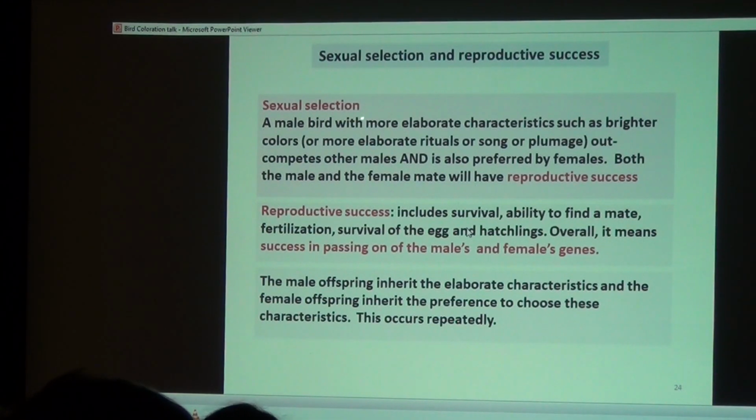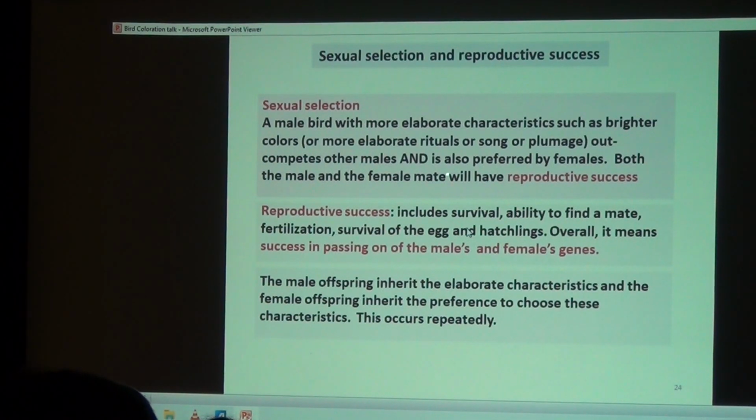So a male bird with more elaborate characteristics, brighter colors or ritual or song or plumage, outcompetes other males and is also preferred by females. So these are the two components of sexual selection: male-male competition and mate choice. And when this occurs, both the male and the female will have reproductive success.